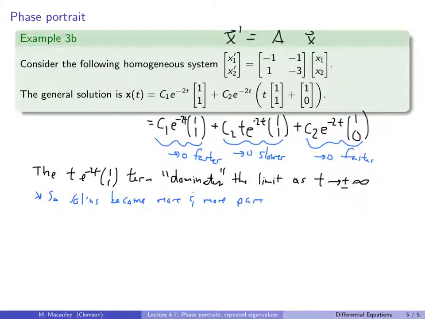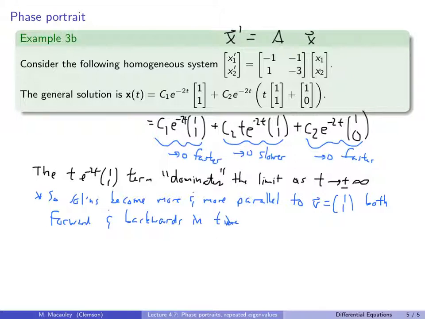These are things we could formalize if we want to talk about limits, but we're not going to. Limits and asymptotics are a little bit beyond the scope of this class. So more and more parallel to v equals (1, 1), both forward and backwards in time.